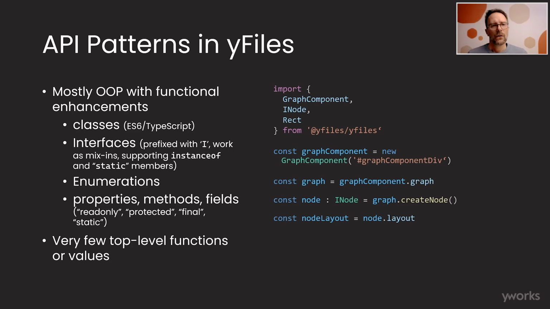Those classes then obviously have things like properties, fields, or methods, and they use the typical object-oriented concepts of sometimes being read-only, being protected, meaning that you should only be using them as a subclass, or they can be final, meaning that you shouldn't be overriding them, or they can be static, meaning that you don't need an instance to access them. So very object-oriented.